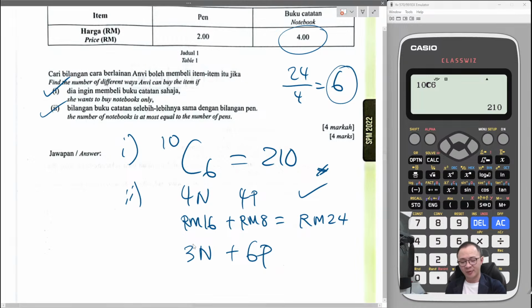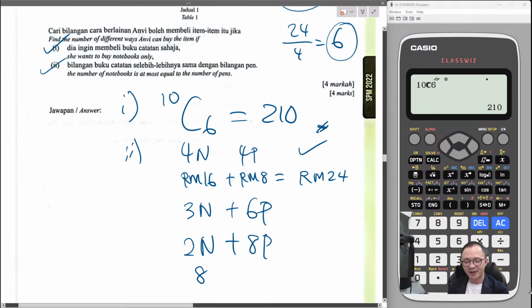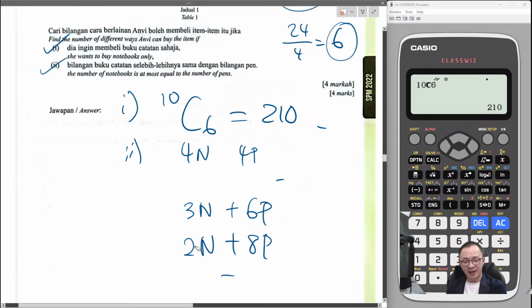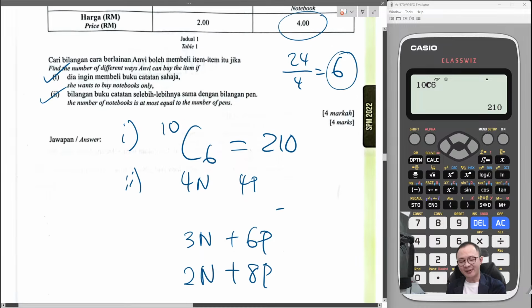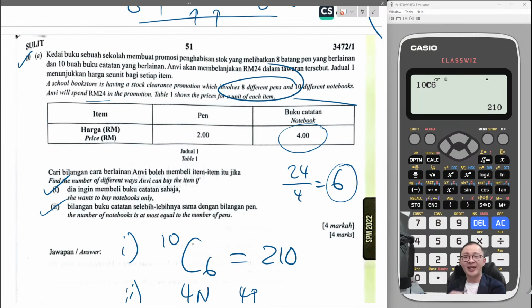Okay, then this is possible. Or I get 2 notebooks, I will get 8 pens, right? 2 notebooks is 8 ringgit, this one is 16 ringgit. Add together also 24, right? Okay, then can I get 1 notebook and 10 pens? Not right, because you only have 8 pens over here. You want to buy 10 pens, the bookstore doesn't have 10 pens to sell to you.